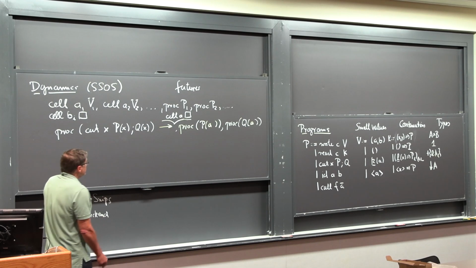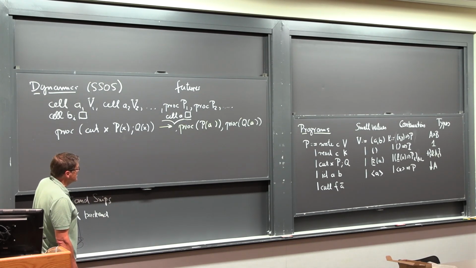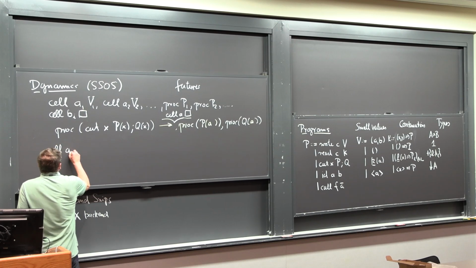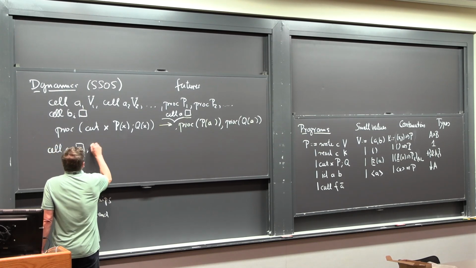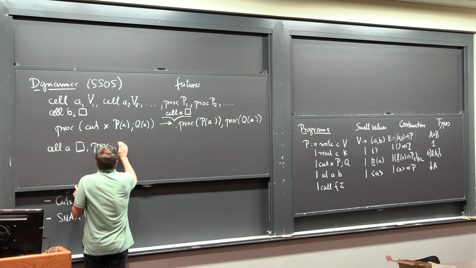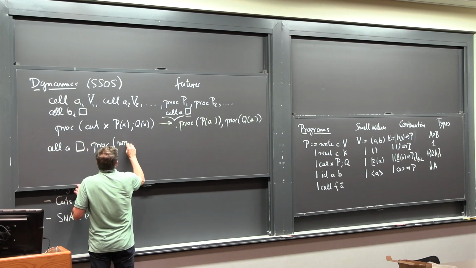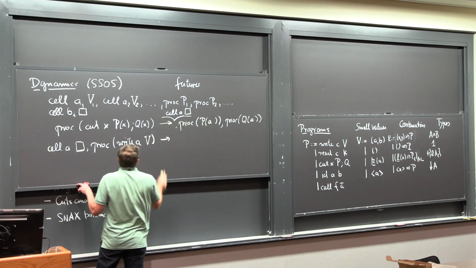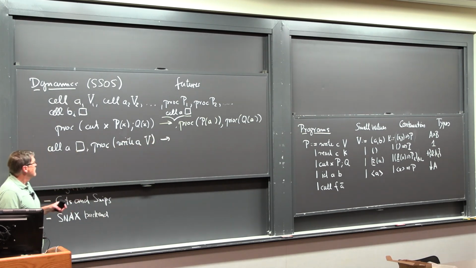Okay, so that's easy. So now we need another rule. Let's say, what about writing to a cell? So we have a cell A, which is empty, and we have a process that will write to cell A small value V. What should this transition to?